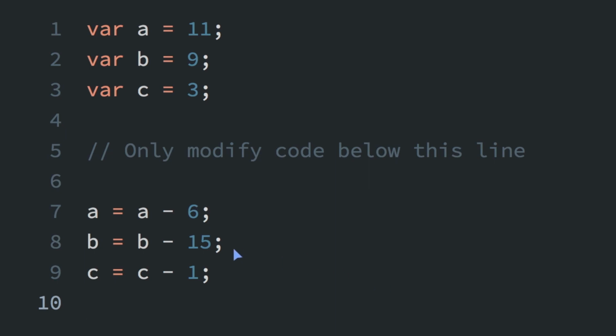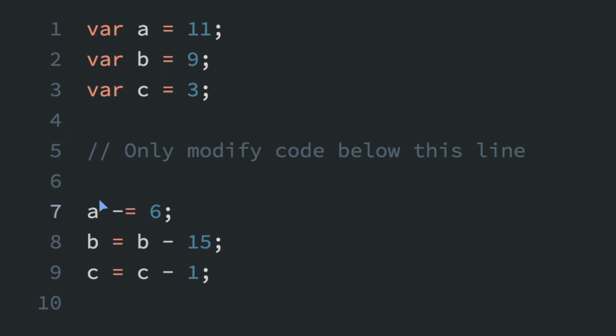Previously we learned about plus equals. Well, minus equals does the same thing but subtracting. So this says a equals a minus 6. We started at 11. Minus 6 is going to be 5. So the new a is going to be 5. But we can shorten that. Instead of a equals a minus 6, we can do minus equals.